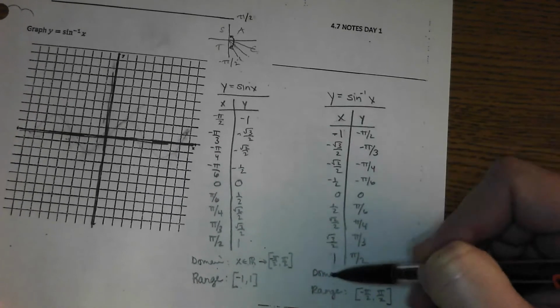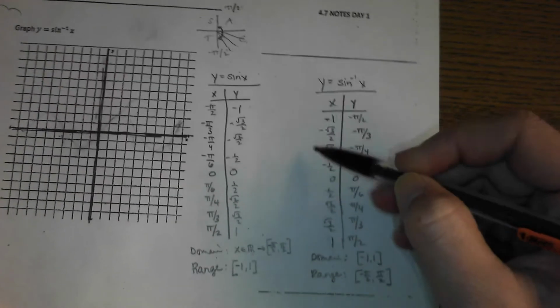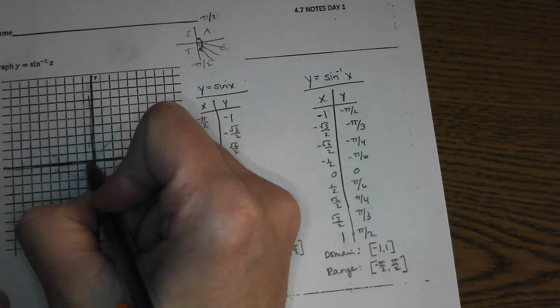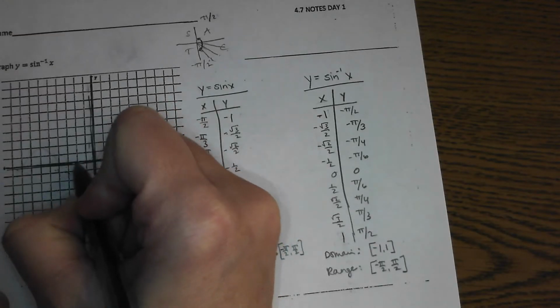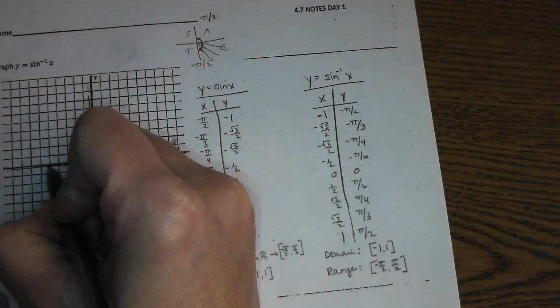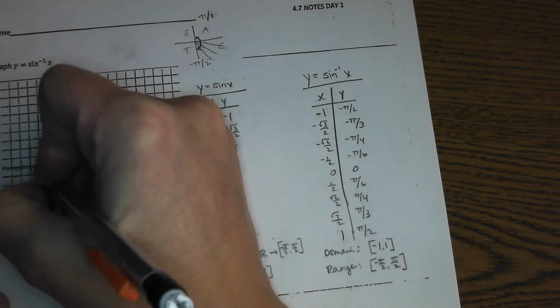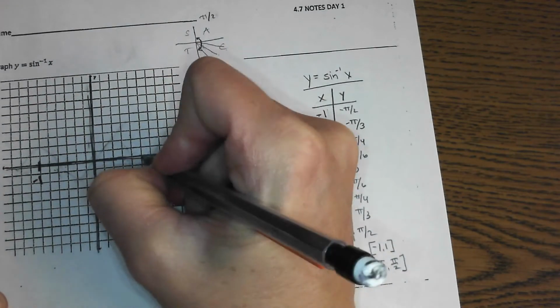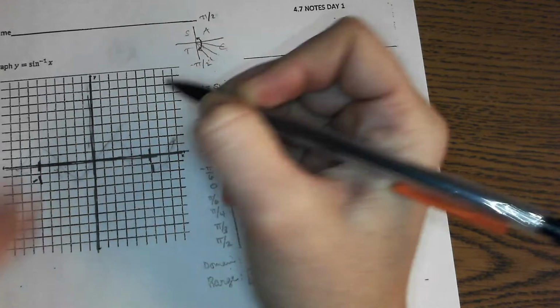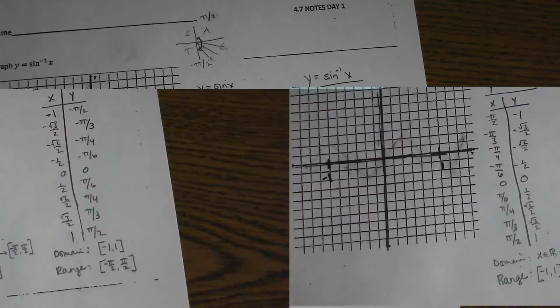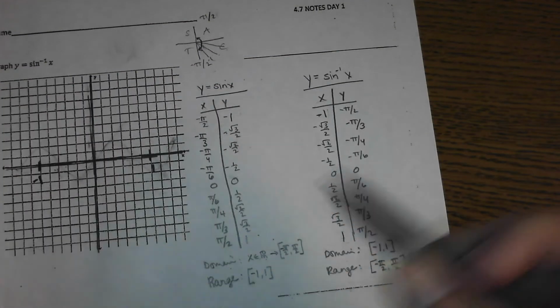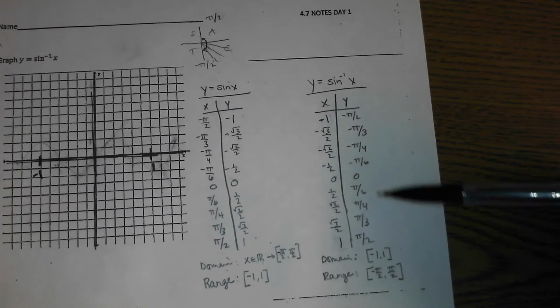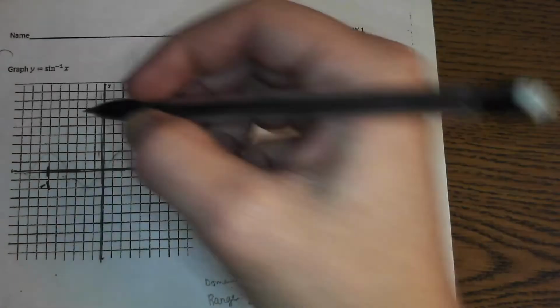I'm going to scale my x-axis from negative 1 to 1. I'm going to spread it out pretty heavily, though. 1, 2, 3, 4, 5, 6 units I'll call negative 1. And 6 units out I'll call 1. And then my y-axis has to be from negative pi over 2 to pi over 2.